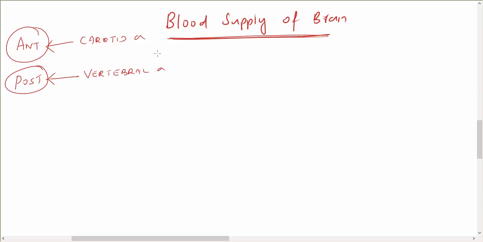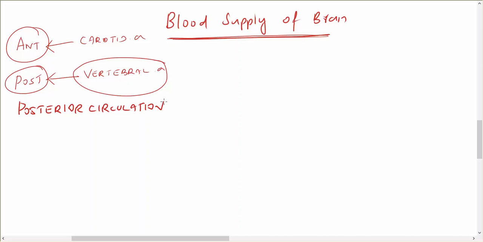So the artery which comes in the posterior and goes into the brain and supplies the various parts of the brain, that is from the vertebral artery, and this circulation is called posterior circulation of brain. Sometimes they call it a vertebral basilar circulation because it supplies the basilar part of the brain.